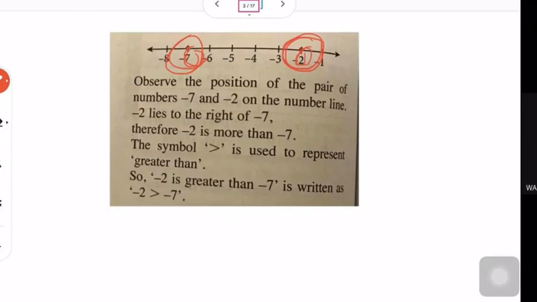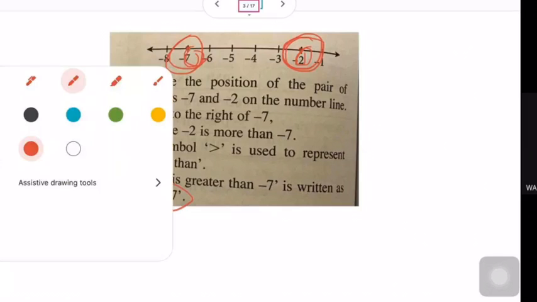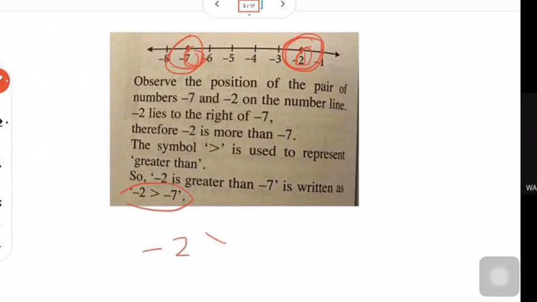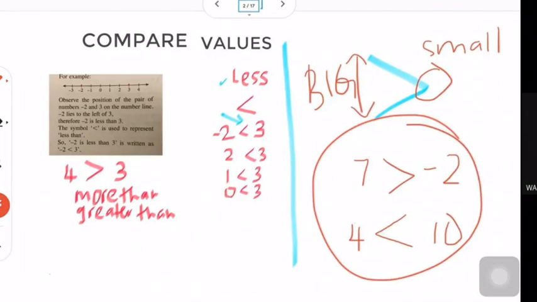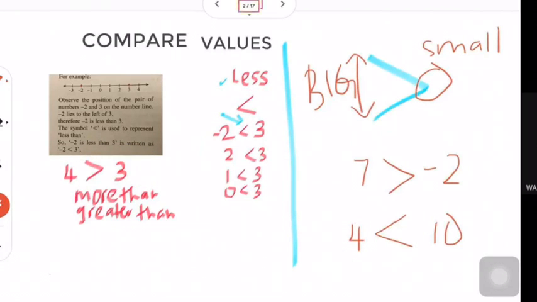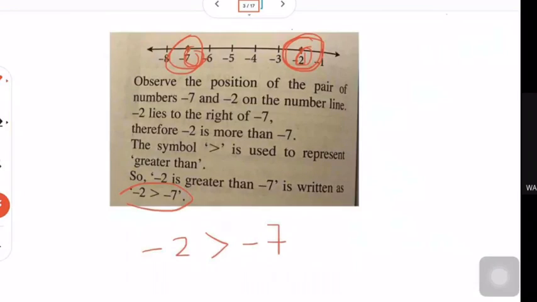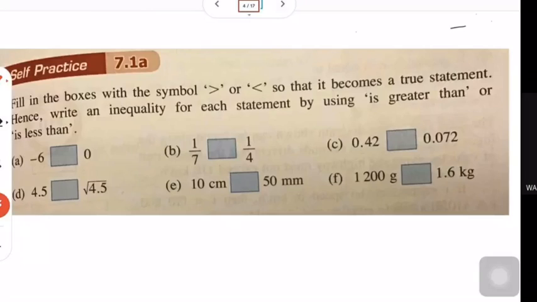So here -2 is greater than -7. All of these examples, we call them inequalities. That's how we write the inequality.